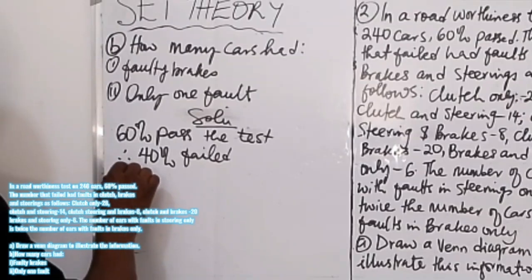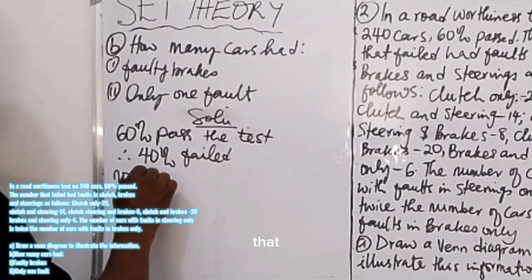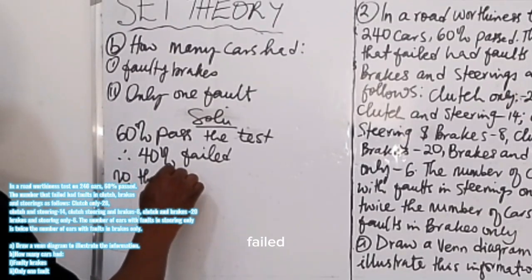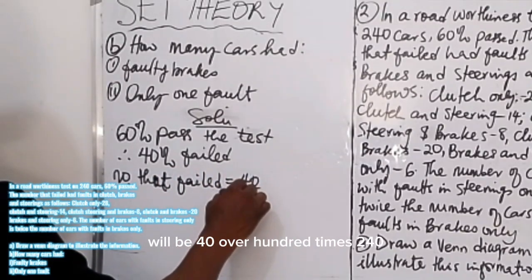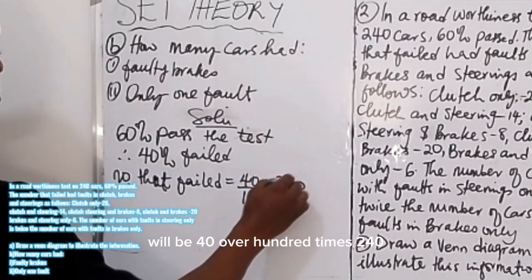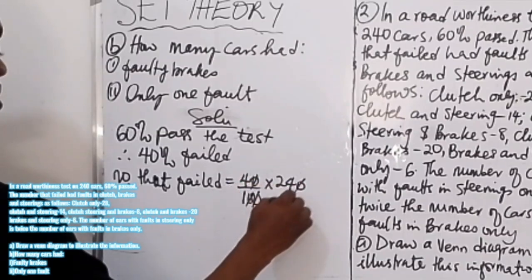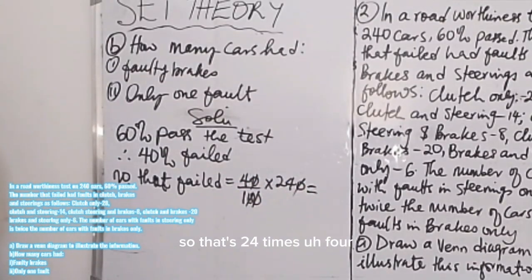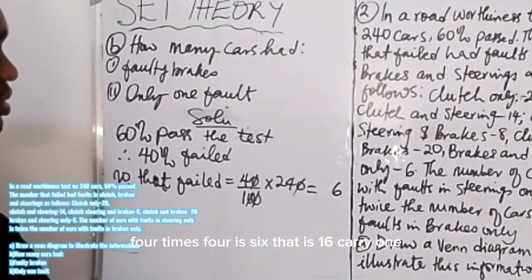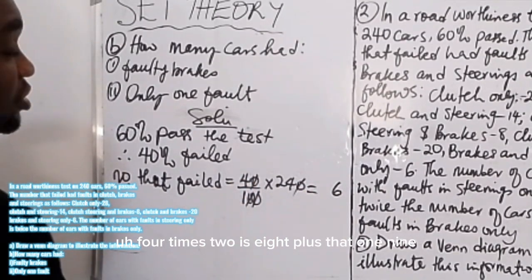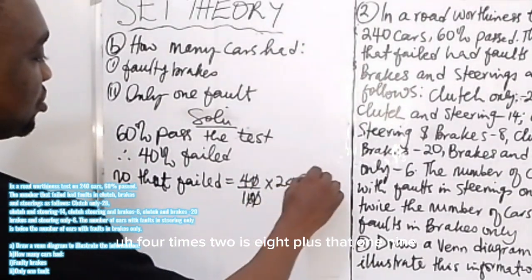The number that failed will be 40 over 100 times 240. So that's 24 times 4. 4 times 4 is 16, carry 1. 4 times 2 is 8 plus that one, 9.